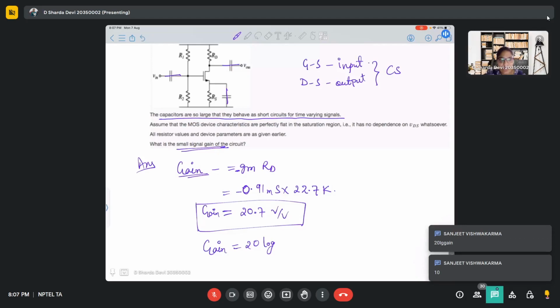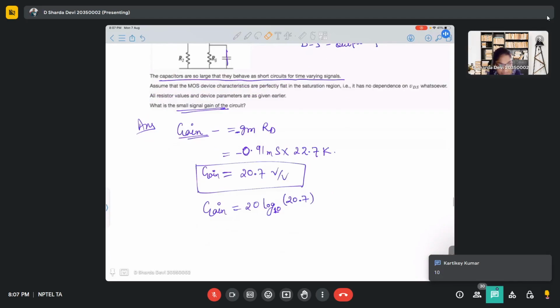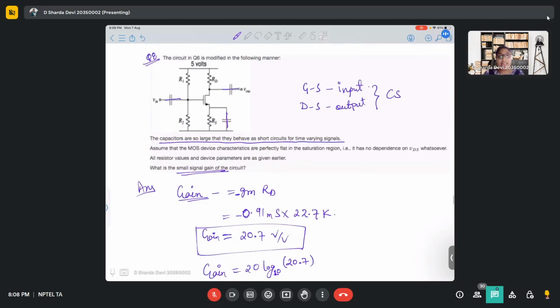Yes, it is log base 10. So please keep this in mind, because sometimes we misinterpret and it goes wrong. It is very important to keep this in mind. So what is the gain that we are getting in dBs? 26 dBs. Yes, okay. So the gain that we have got for this particular circuit is 26 dBs.